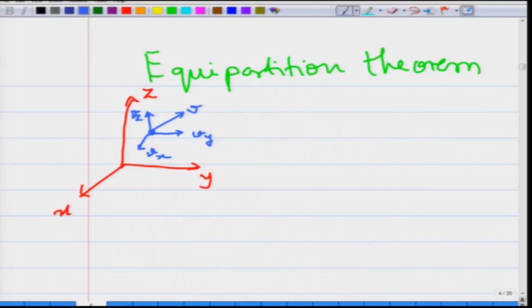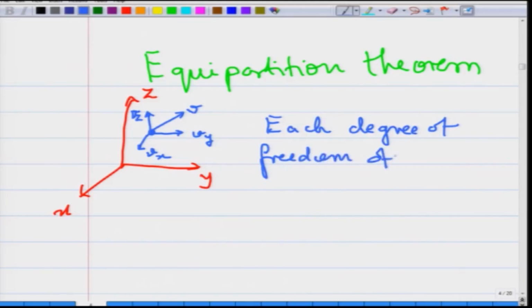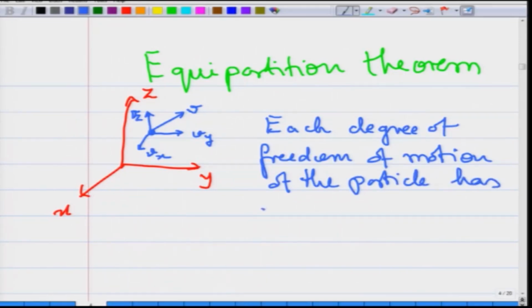So, this equipartition theorem says that each degree of freedom of motion of the particle has an energy of half kB T, where T is the temperature of the gas and kB is the Boltzmann constant.